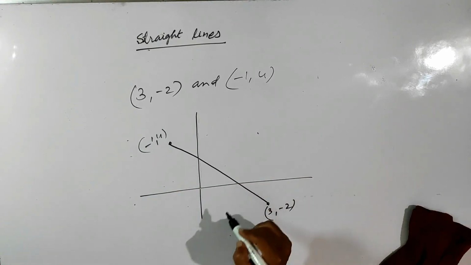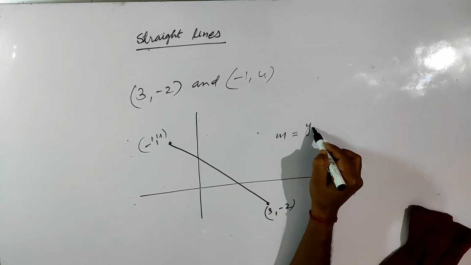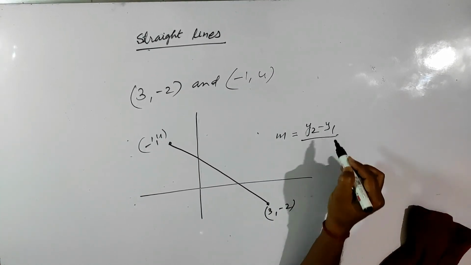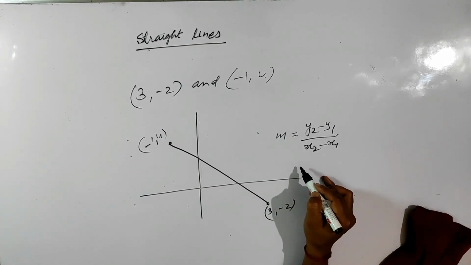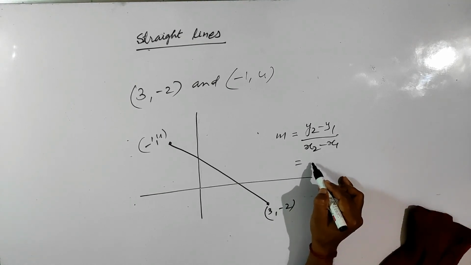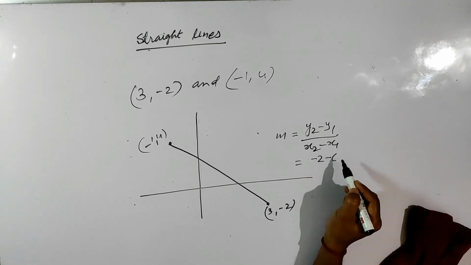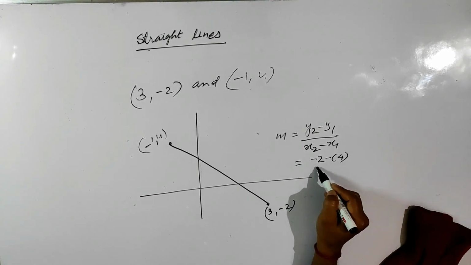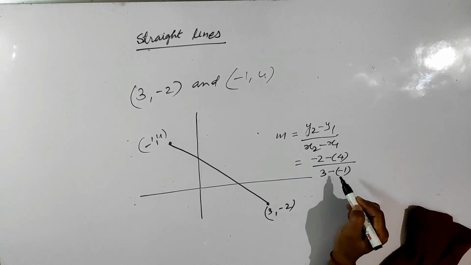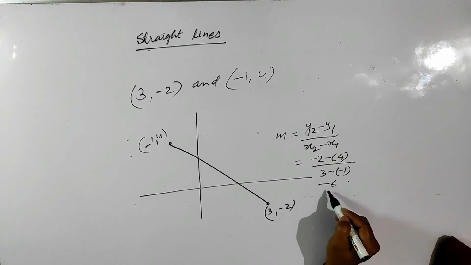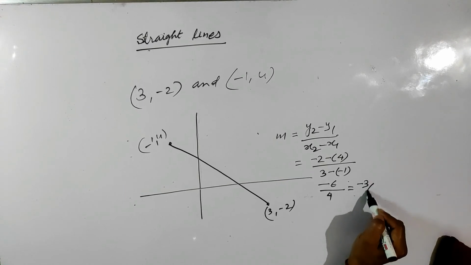Then what do you have to do? The slope of this line, m, is equal to y2 minus y1 upon x2 minus x1. That is 4 minus minus 2, upon minus 1 minus 3, which is 6 upon minus 4, equal to minus 3 by 2.